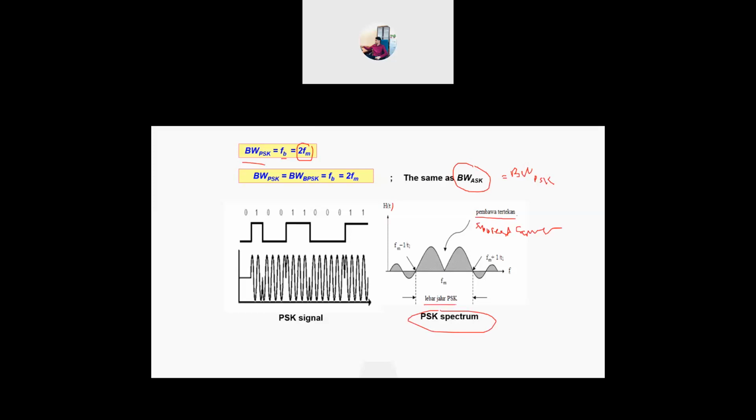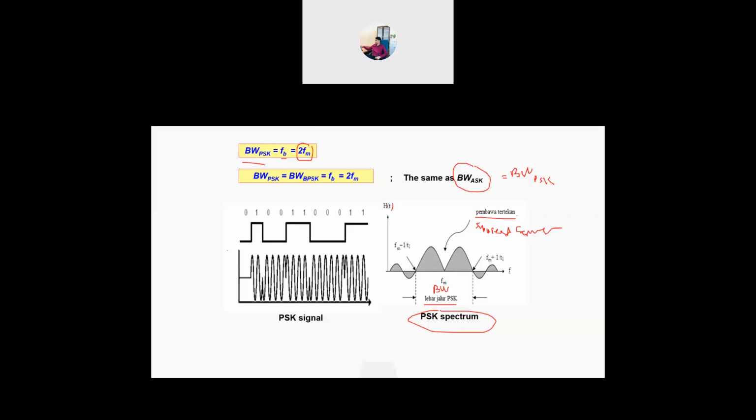Then this is the bandwidth of your PSK, and here is the lower frequency, and this one is the higher frequency. So this one is Fm minus 1 over T1, and this one is Fm plus 1 over T1. Okay, this one is your bandwidth for your PSK.